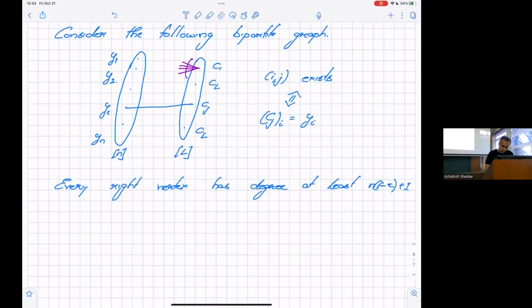Let's drop the plus 1 for now. It's not going to affect my calculation much.